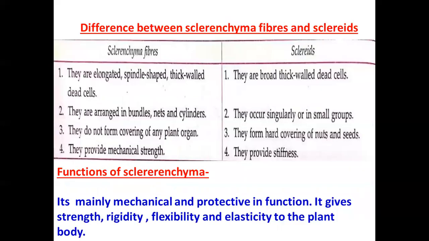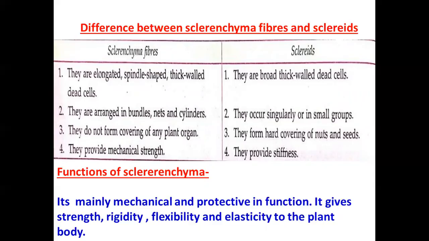Now, what is the difference between sclerenchyma fibers and sclerites? Fibers are elongated, spindle-shaped, thick-walled dead cells, but sclerites are broad, thick-walled dead cells. Fibers are arranged in bundles, nets, and cylinders, but sclerites occur singly or in small groups.